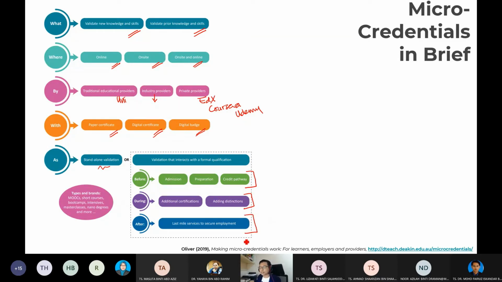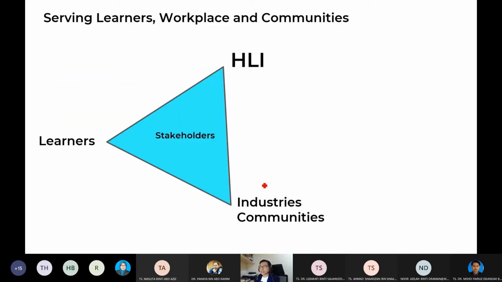Last mile services to secure employment. We've tried this with some of our engineering math course. We are trying this also, and I think this is where most of the money comes from. Last mile services to secure employment. So we can think of it that way.